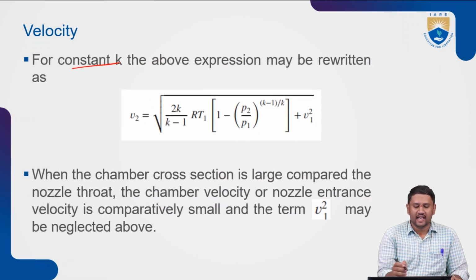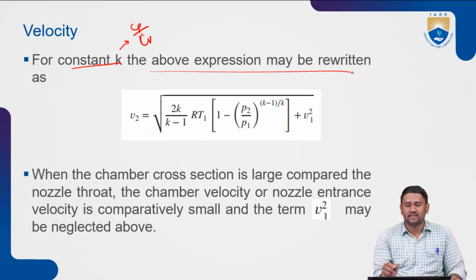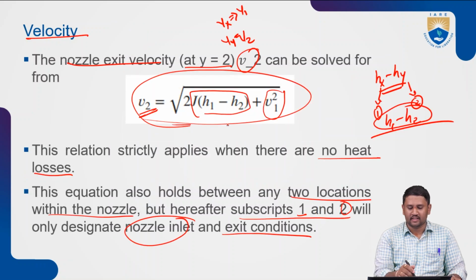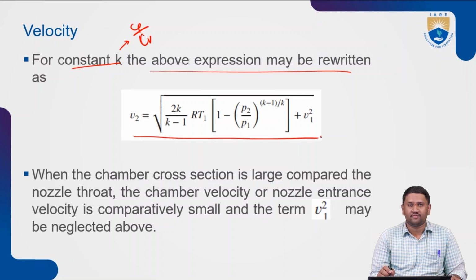For constant k, where k is nothing but Cp by Cv, the previous expression can be rewritten as V2 equals square root of 2k by (k minus 1) RT, in terms of pressure ratios and the initial velocity.